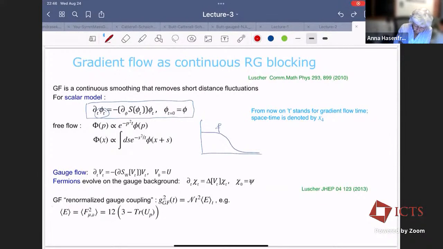If you do a perturbative calculation and set this normalization constant correctly, then this quantity will be identical to the MS-bar renormalized coupling at tree level. And then one can do higher order calculations and show that this is simply a new definition of the renormalized coupling. We can think about it as a new scale or renormalization scheme.